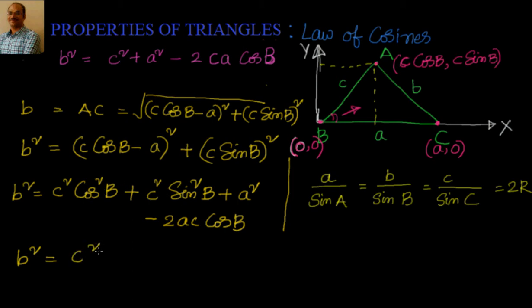So this is nothing but c square plus a square minus 2ac cos B. So you can see that b square equals c square plus a square minus 2ca cos B.